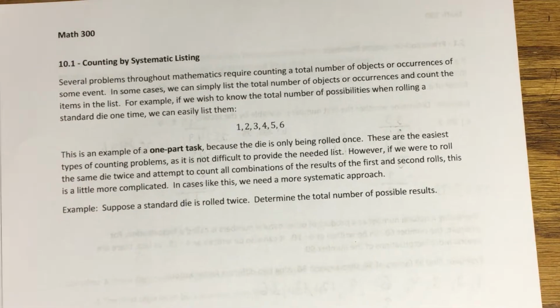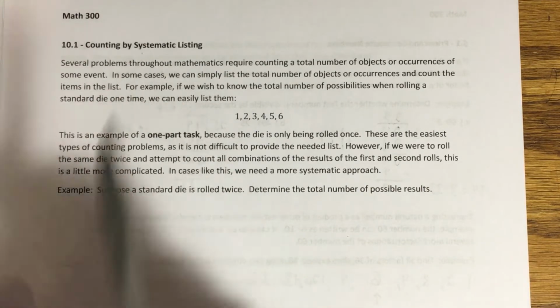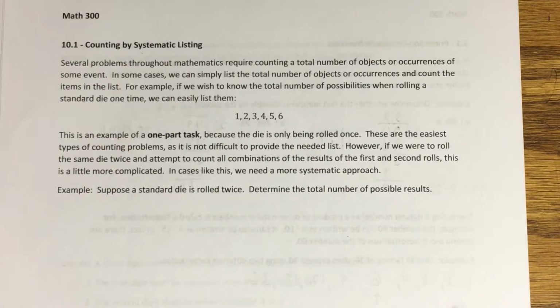So this is where we get into the need for what we call systematic counting, or in this section in particular, systematic listing: finding a way to represent all the possibilities in a way that you know that you've accounted for everything.